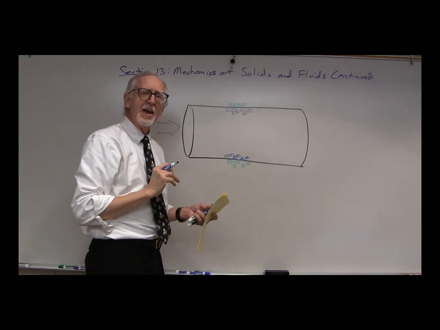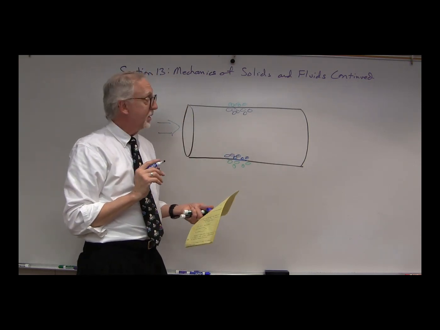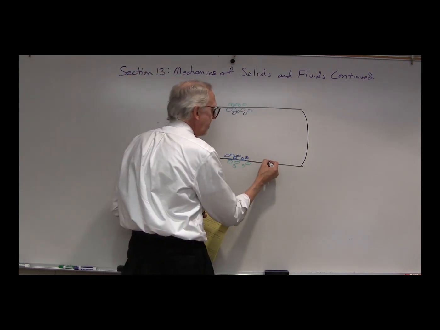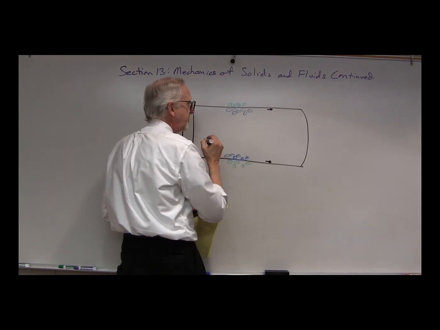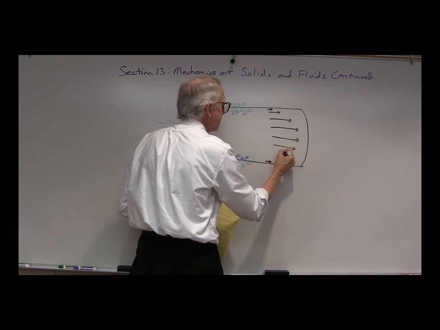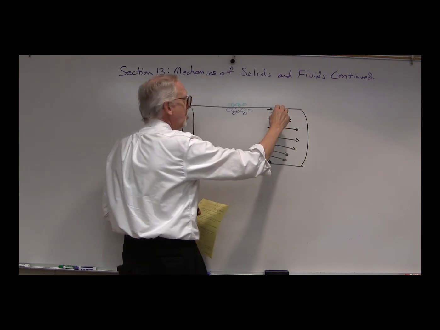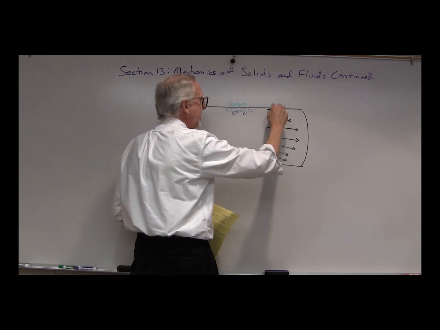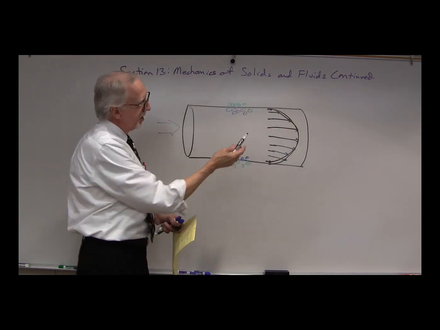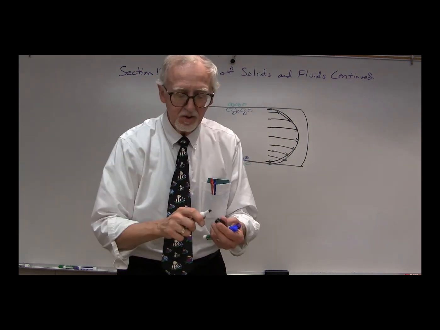So what effect does that have on the flow rate, the velocity of the fluid? Well, basically near the walls we end up with very small velocities, maybe even zero. And those velocities increase as we get towards the center and then decrease again as we get towards the other side. So one approximation that is sometimes made is that we assume that this shape from the wall to the center, looking at it sideways, is a parabola, but in 3 dimensions.